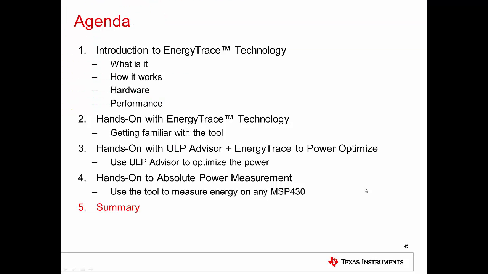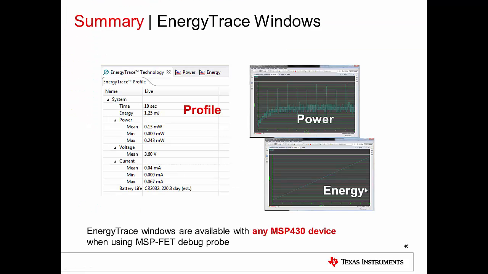All right. In summary, there are only 3 major energy trace windows here. In the energy trace mode, this is where you measure absolute power numbers, absolute energy numbers. So we have the power, we have the energy, and we have the profile view.